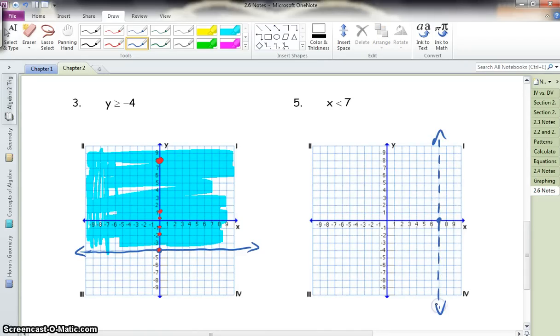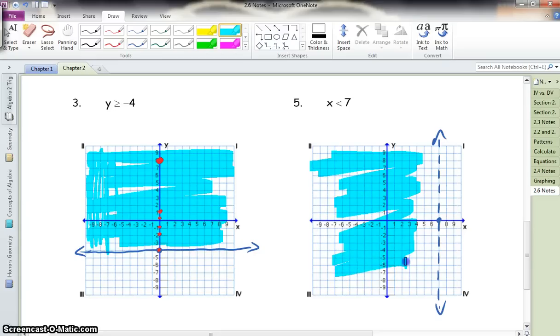Again, if we had made that mistake, we always take the time to test, and it wouldn't have been a problem. We're focused on everything less than 7, so everything to the left of that line. If we test on the line, that would be equal to 7, it wouldn't work. If I test anything over here, -4 is less than 7.